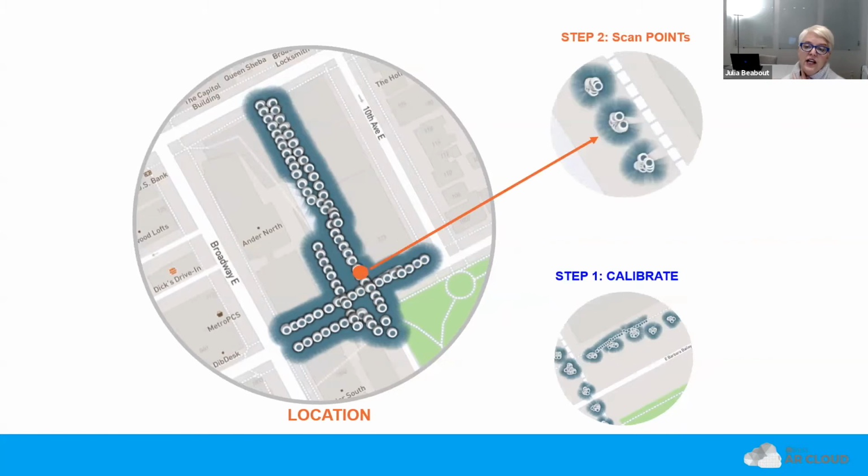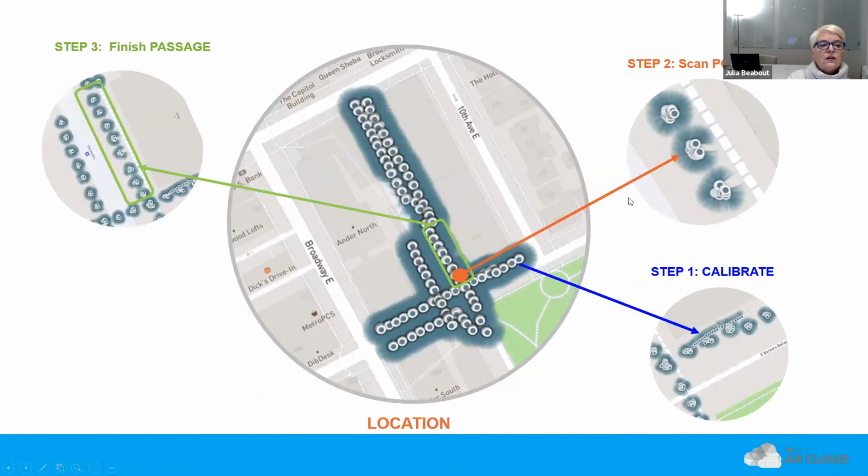After you've done your calibration, you can begin scanning your points. This is where you do want to be on site at the place that you're scanning. Here I used circular scans, meaning I stood at a point and turned around. You're basically going to create multiple points, and those points begin to collect into what's called a passage.